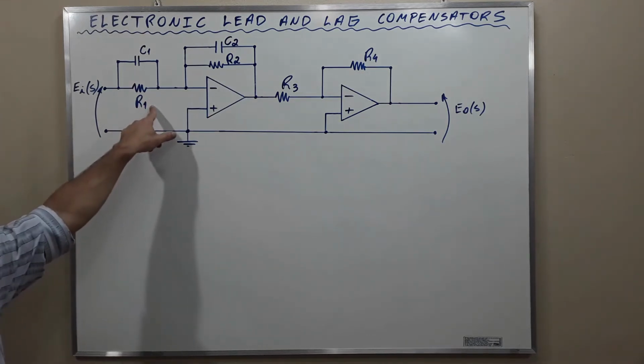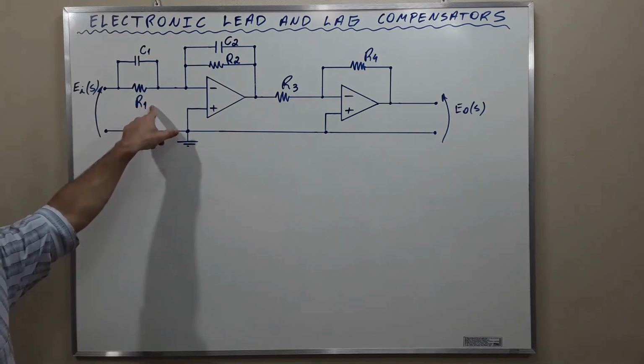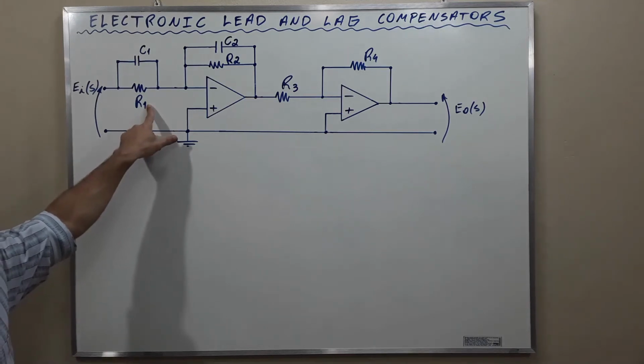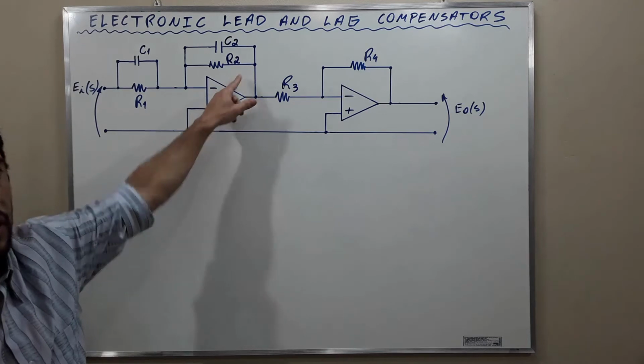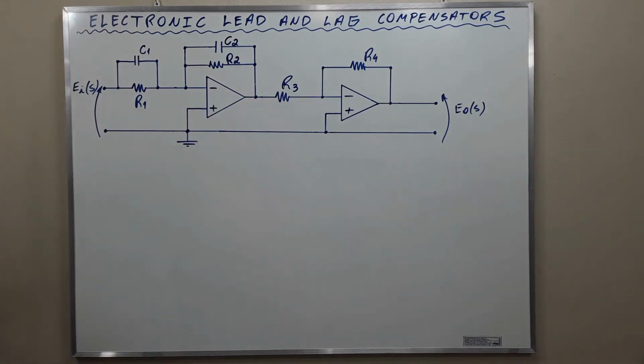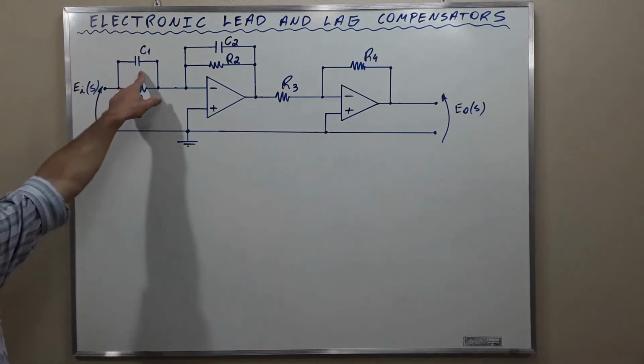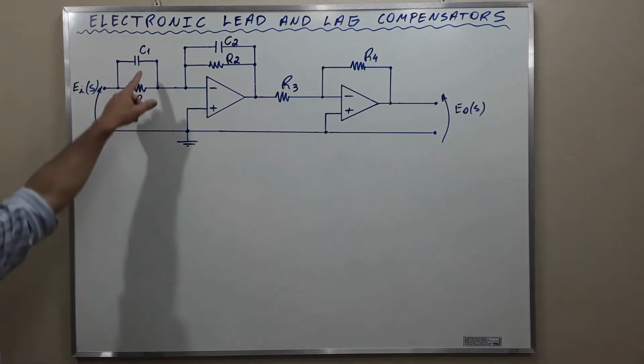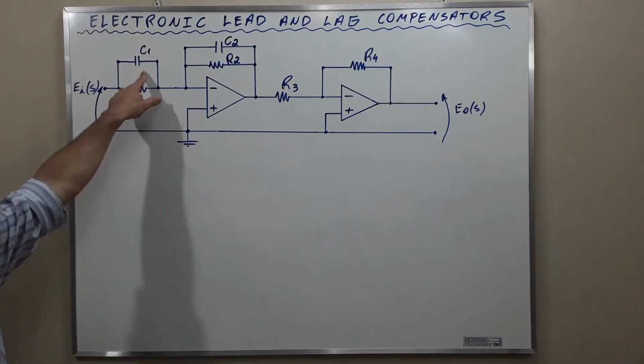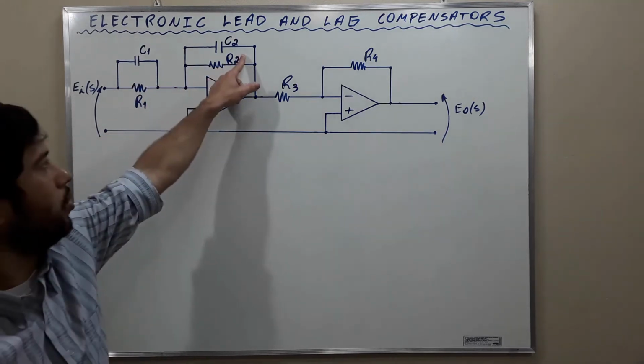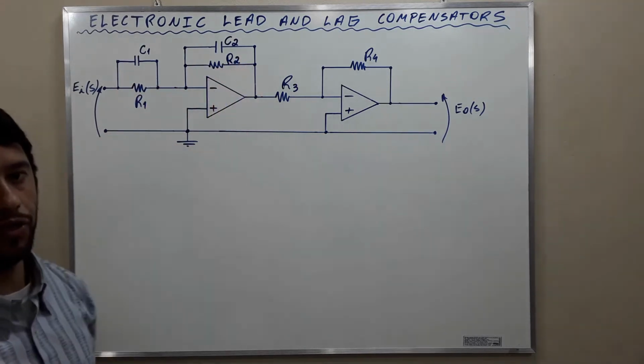The resistor is represented in the complex domain by the resistance, here R1 and here R2. The capacitors are represented in the complex domain by their reactances. Okay? Here 1 over S C1 and here 1 over S C2.